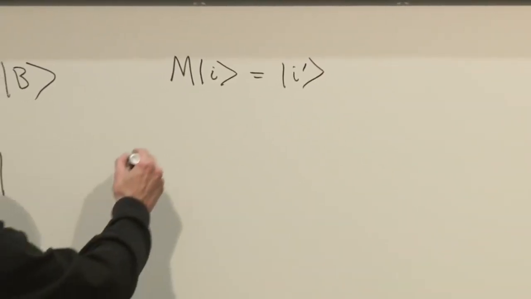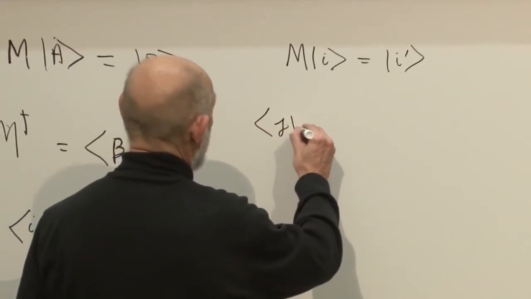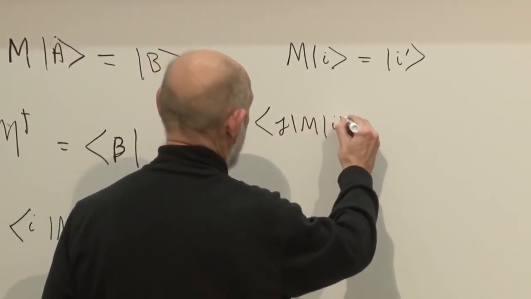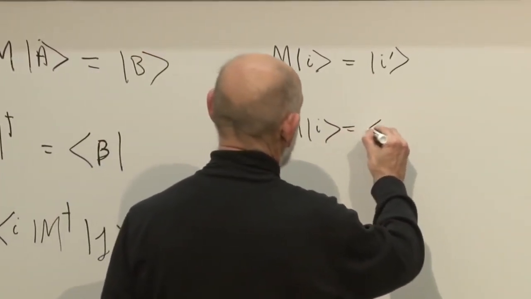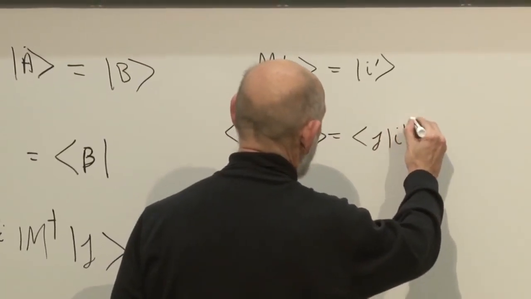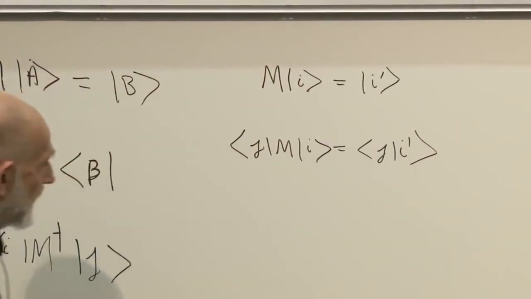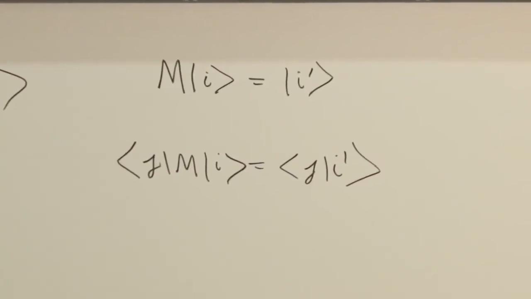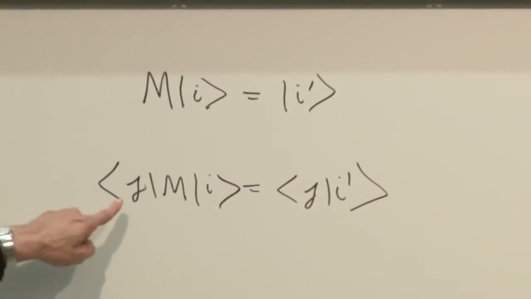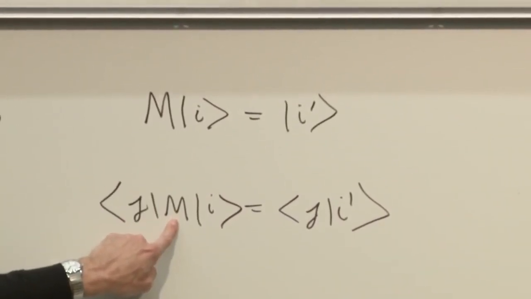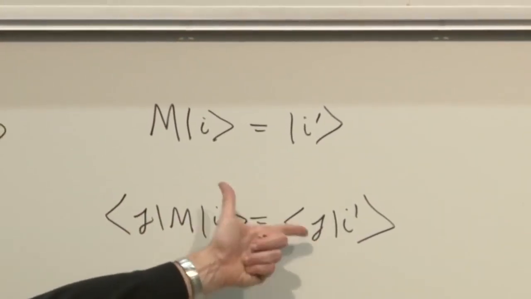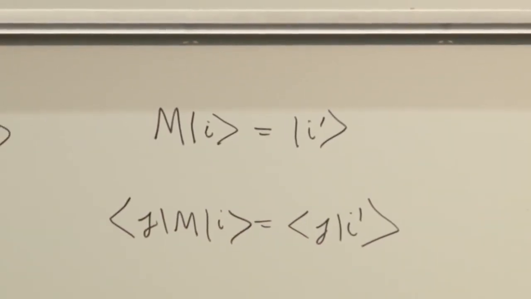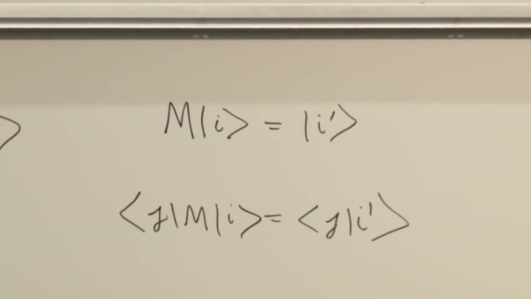Now let's take ⟨j|M|i⟩. That's equal to ⟨j|i′⟩. All I've done is take the inner product with ⟨j|. Here's the matrix element of the matrix M, and it's just this inner product. That was a trivial operation. I didn't do anything very significant.